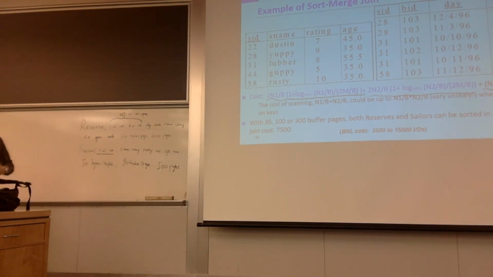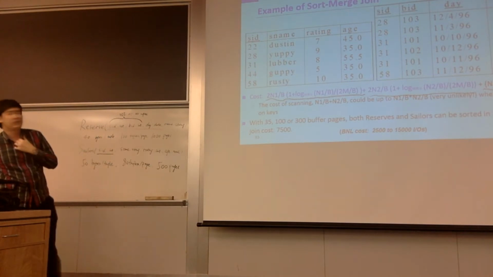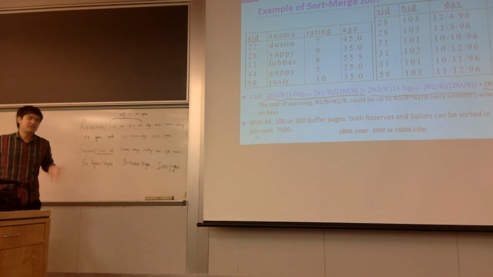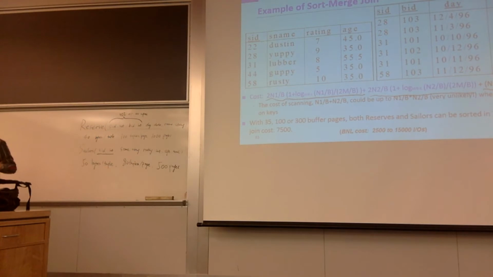But still, the total cost will be N1 over b plus N2 over b. And here's a side note: the cost of scanning could be up to N1 over b times N2 over b if you are so unfortunate to have a full Cartesian product. It's up to that, but it's highly unlikely in reality.